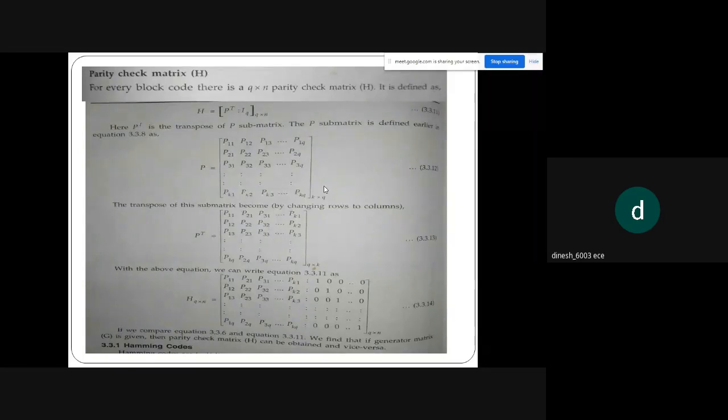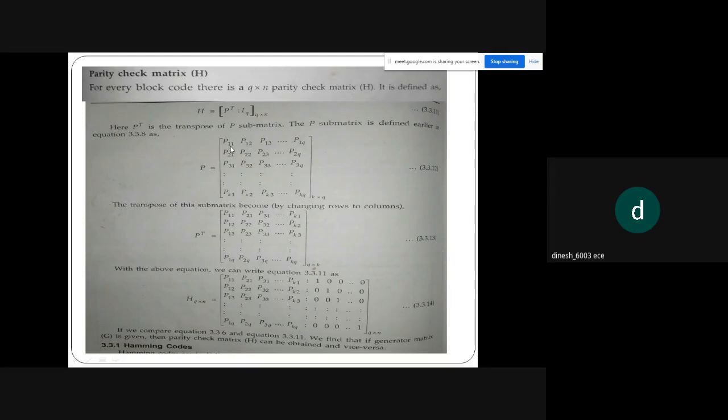I'll write it: P11, P12, P13 till P1q; P21, P22, P23, P24 till P2q; P31, P32, P33, P34, P35 till P3q; and next P41, P42, P43 till P4q.